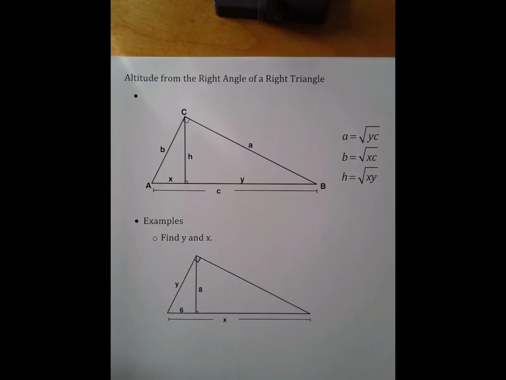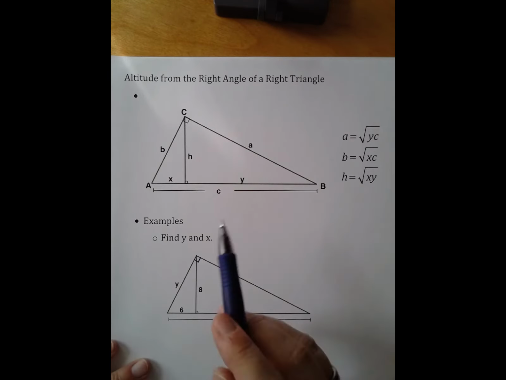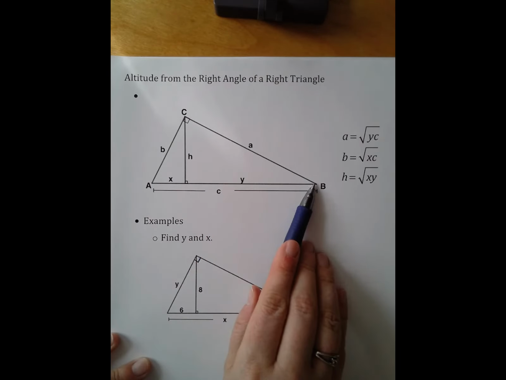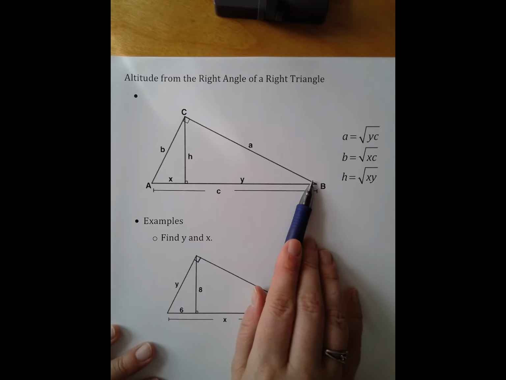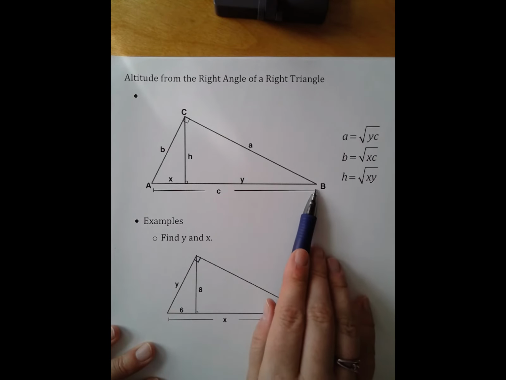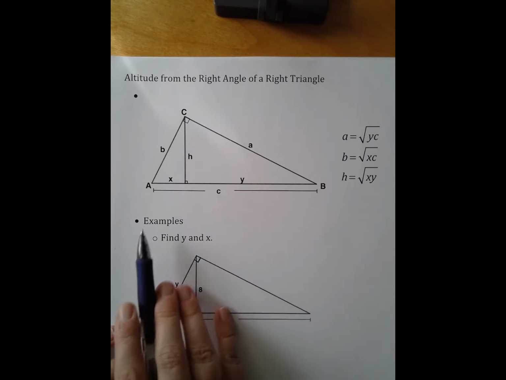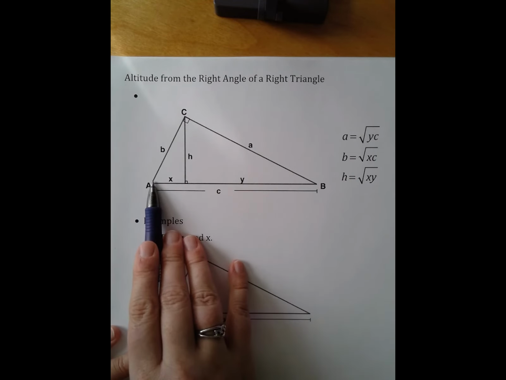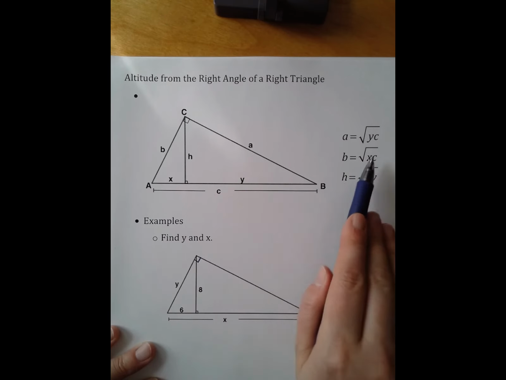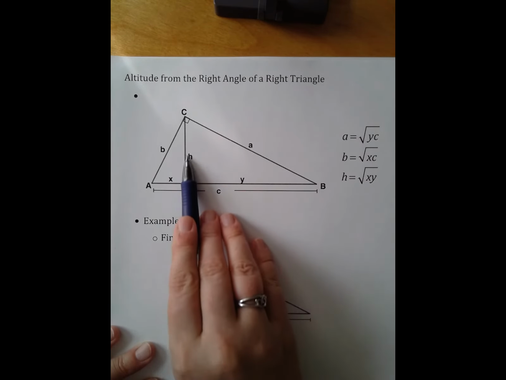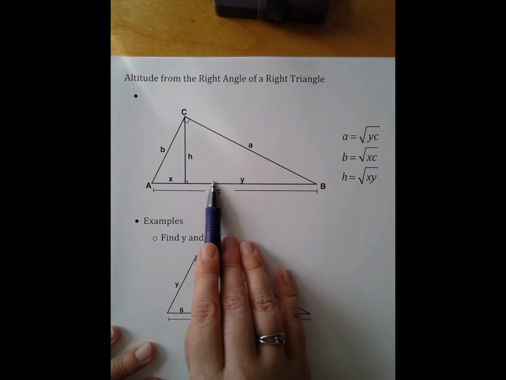These are the notes for when we have a right triangle and then an altitude drawn from the right angle of the right triangle. In class, you derived three relationships: that the length of a is equal to the square root of y times c, b is equal to the square root of x times c, and h is equal to the square root of x times y.